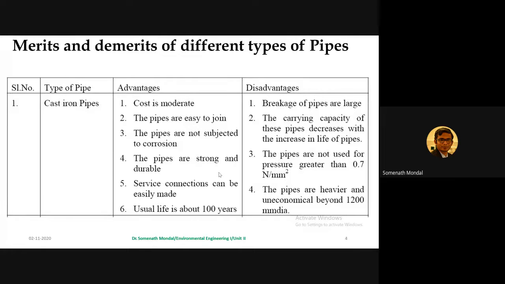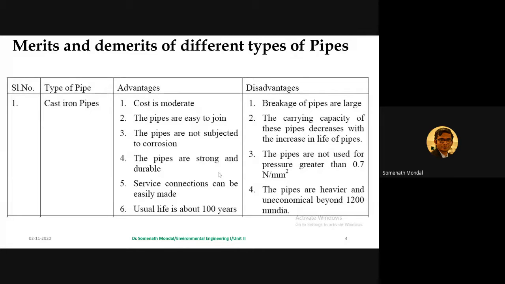Now, in each and every type of pipes which we are going to discuss, they would have some inherent advantages as well as disadvantages. Now we are going to talk about that. The main disadvantage is, once you take a bigger CI pipe, there is a chance of breakage of that pipe, and this can be considered a disadvantage if not handled properly.